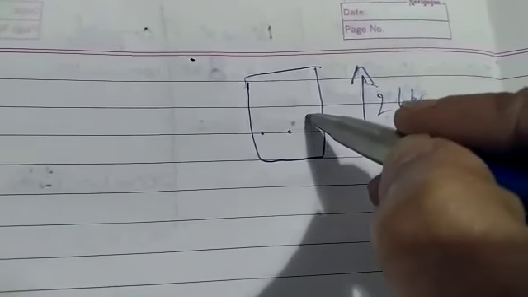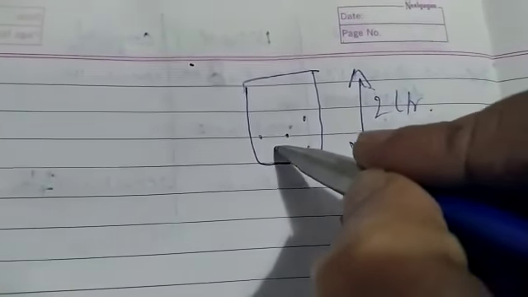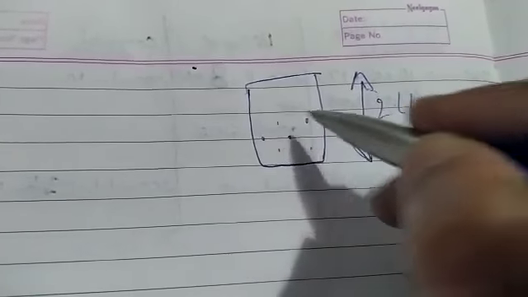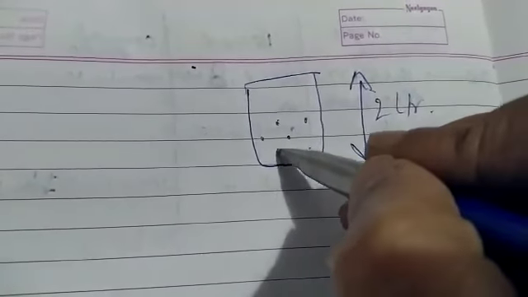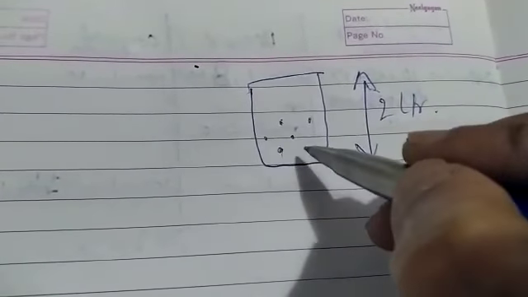For example, students, suppose it to be a container and it is having certain molecules of gas. Let it be a 2-liter volume container. If I compare the number of particles and the volume of particles, of course these are particles, so they must be having certain volume, these gaseous molecules.